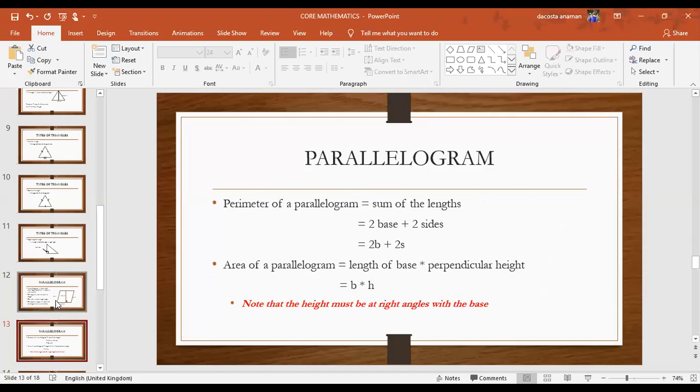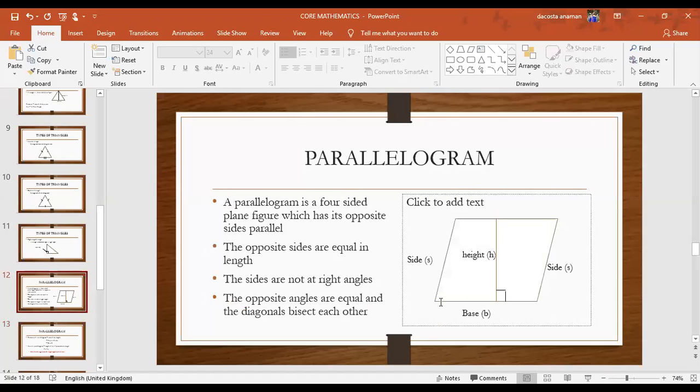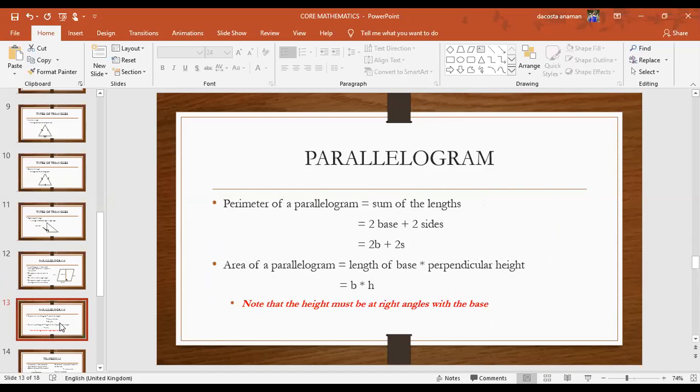Therefore, the area of a parallelogram is the base times the height. Is that okay? The height must be right angled to the base. Okay, so that's for parallelogram.